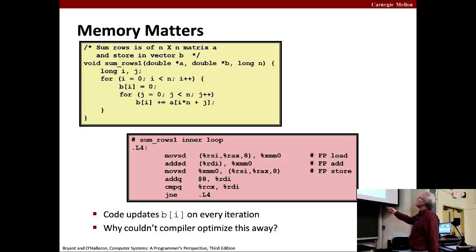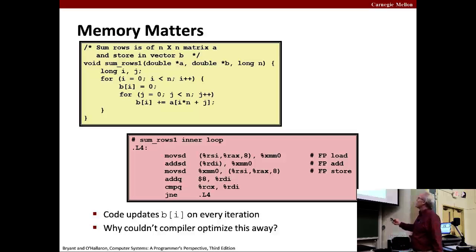Imagine I want to compute, for a two-dimensional array A and a one-dimensional array B, B sub i as the sum of all the elements in row i of A. So again, this is a fairly obvious way to write this program: b[i] equals 0, and I'm going to just accumulate it. I'll step through the row and accumulate all the values.